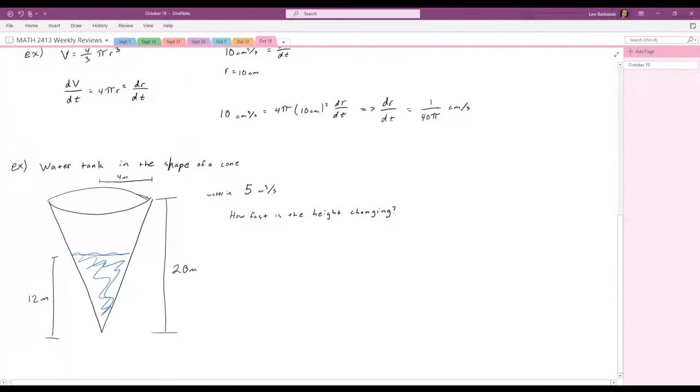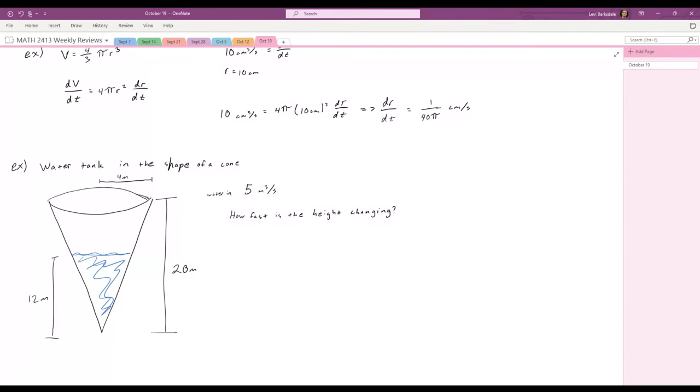So back to this problem. We're looking for how fast the height is changing. And I was saying that for related rates, there's a whole process to each of these problems. What you want to start out by doing is essentially writing an equation relating your quantities.